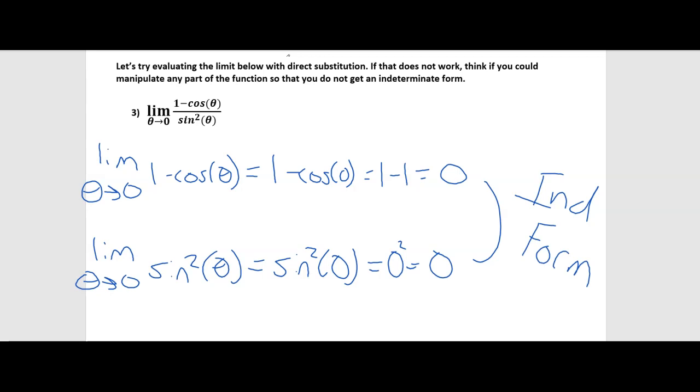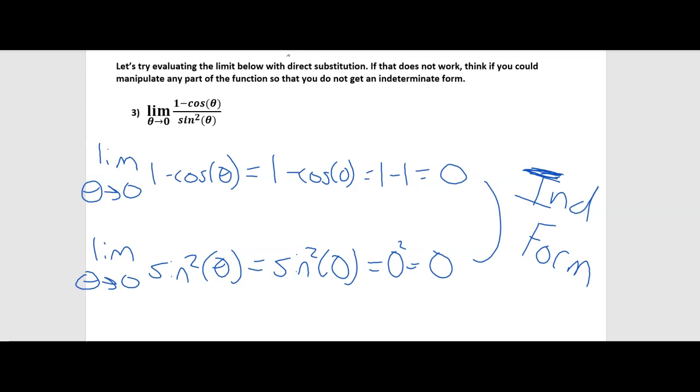So if we see an indeterminate form, remember we have some methods that we've learned so far. We can try to factor, we can try to rationalize either our numerator or denominator. Or today, we can try to use some trig manipulation. So that's what I'm going to have you try to start out with. Take a look at either your numerator or denominator and see if you can rewrite them in a way where you may be able to do some simplifying.